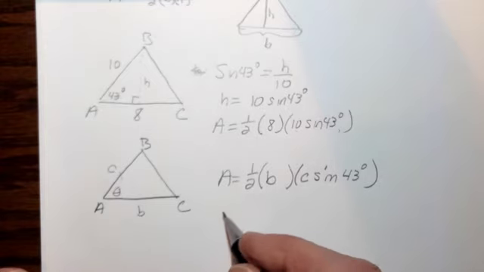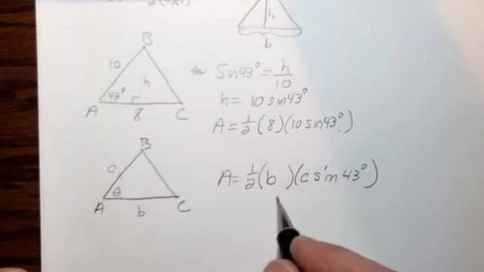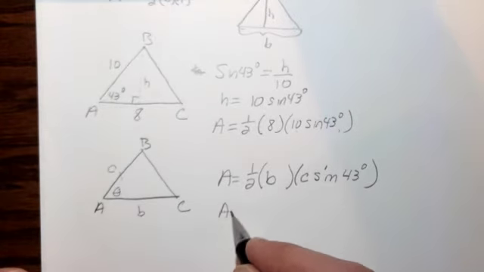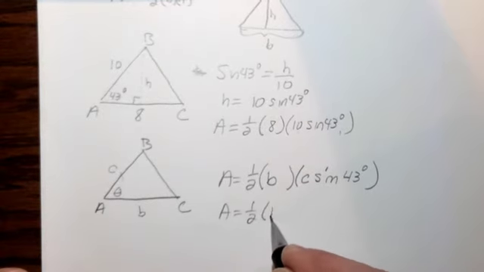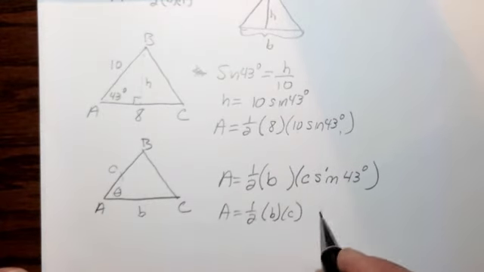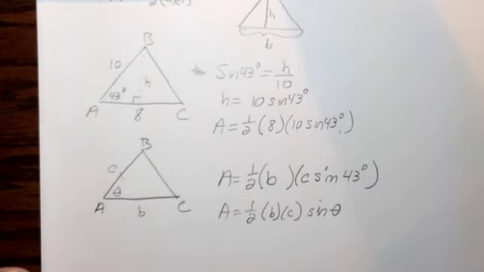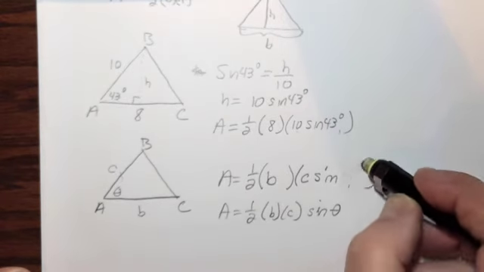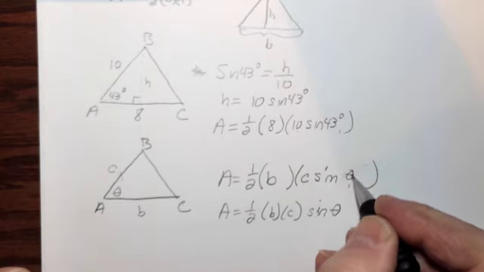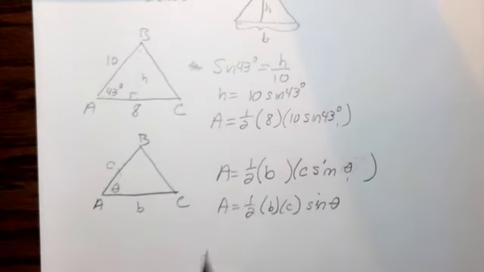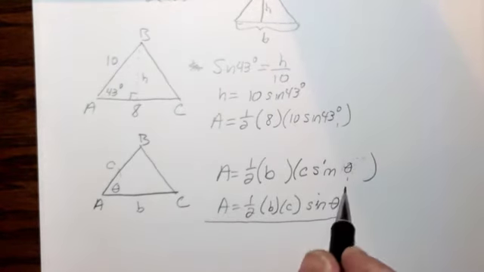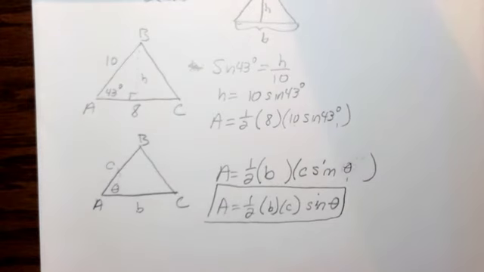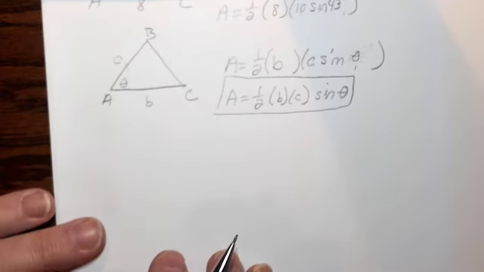We can simplify that: notice that it's really just A equals 1/2 the two sides multiplied together times the sine of the angle in between. This should be theta, I guess. Got carried away here. All right. And really, that's the formula for finding the area of a triangle if you know side, angle, side.